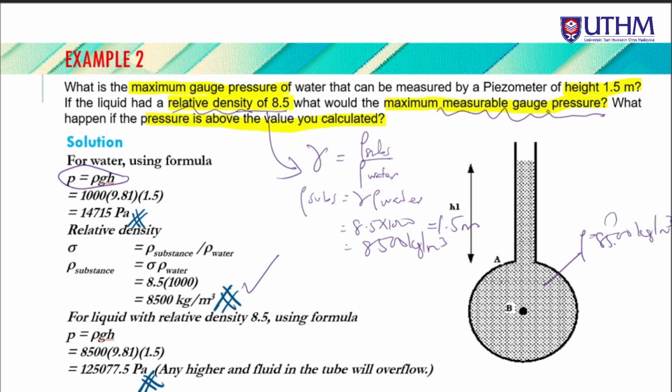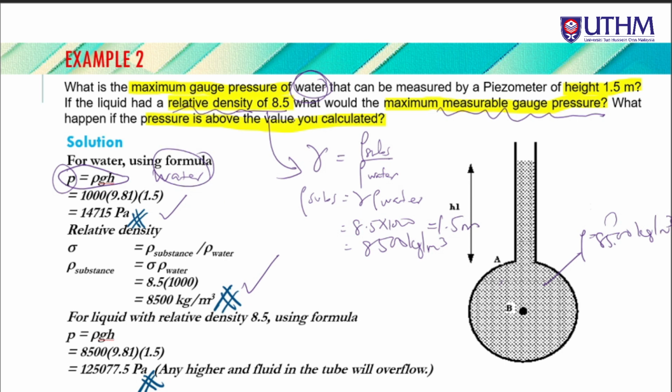Okay, maximum gauge pressure is P lah. So kita ganti rho, firstly untuk soalan pertama dia kata water, kita ganti rho equals to 1000 kg per meter cube, times 9.81 times 1.5. So this is for water, the maximum gauge pressure for water.